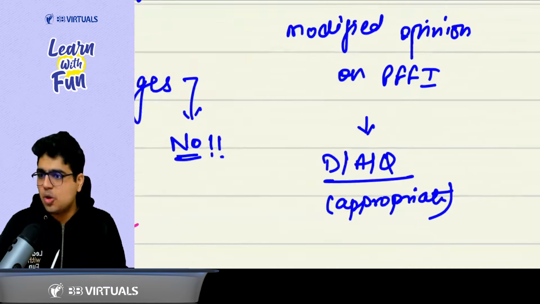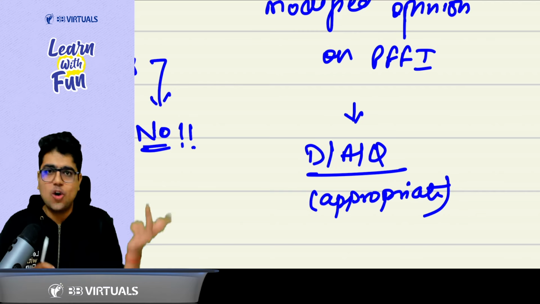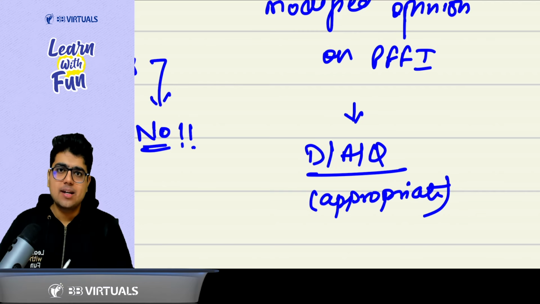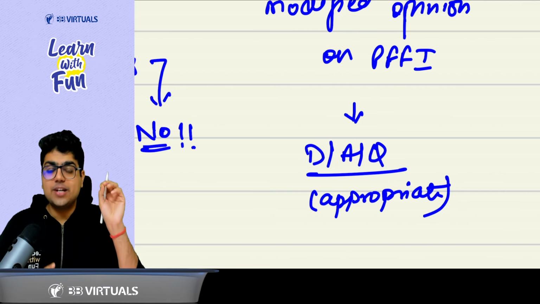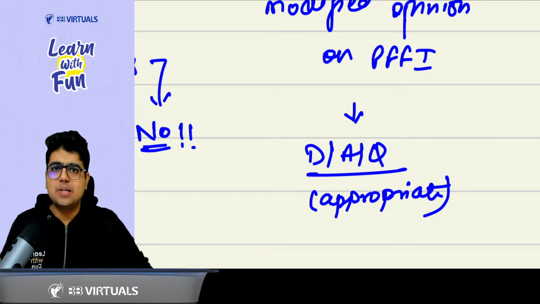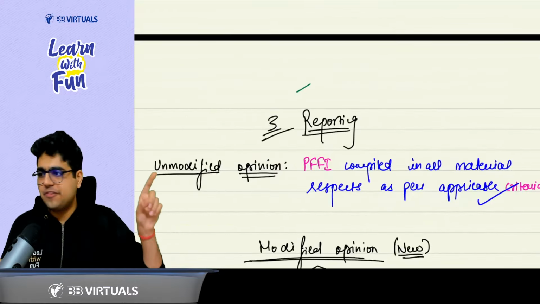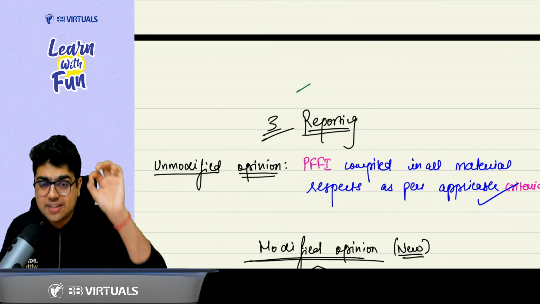Which opinion? Whatever is suitable: disclaimer, adverse or qualified. And remember, in this engagement we are taking reasonable assurance. Because you are taking reasonable assurance, your unmodified opinion will always be positively worded.